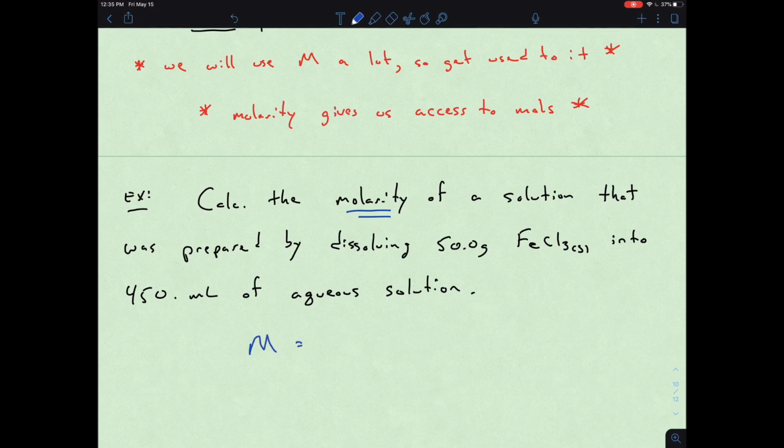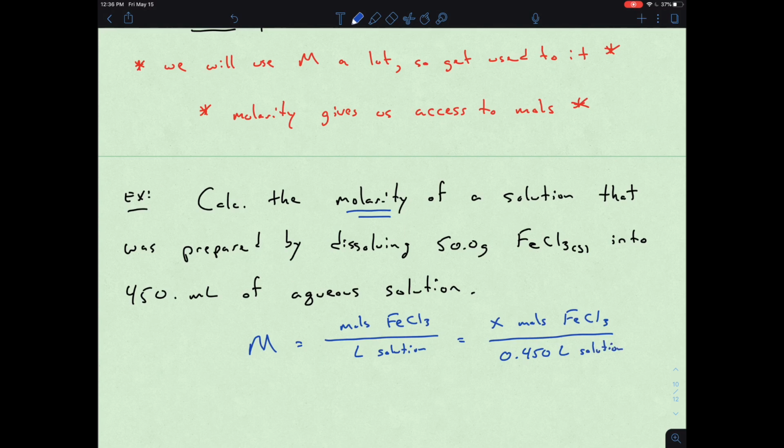Right, molarity here would be moles of the iron or the ferric chloride per liter of solution. And we don't know the moles of the ferric chloride, but we actually do know the volume of the solution, which is the 450 milliliters.